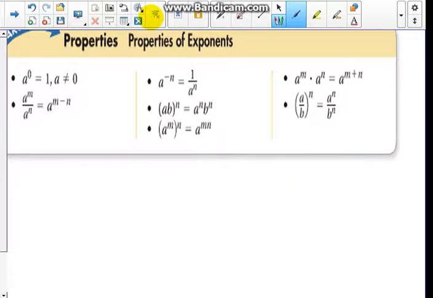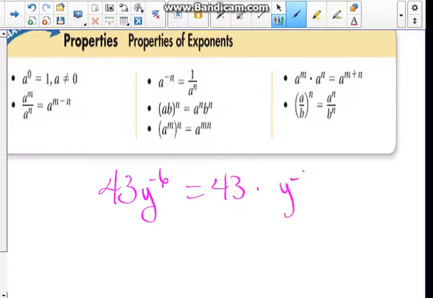So we'll do another. If I have 43y to the negative 6th power, that's like saying 43 times y to the negative 6th. Well, y to the negative 6th is a negative power. We need to simplify that.